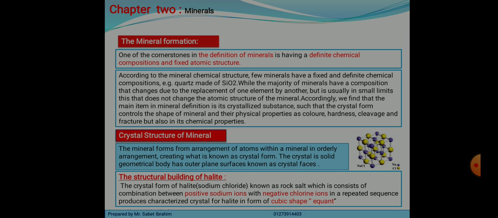This produces the characteristic crystal of halite in the form of a cubic shape, equant. So halite forms a cubic crystal from sodium positive ion and chlorine negative ion. This shape is known as equant, meaning cubic shape.